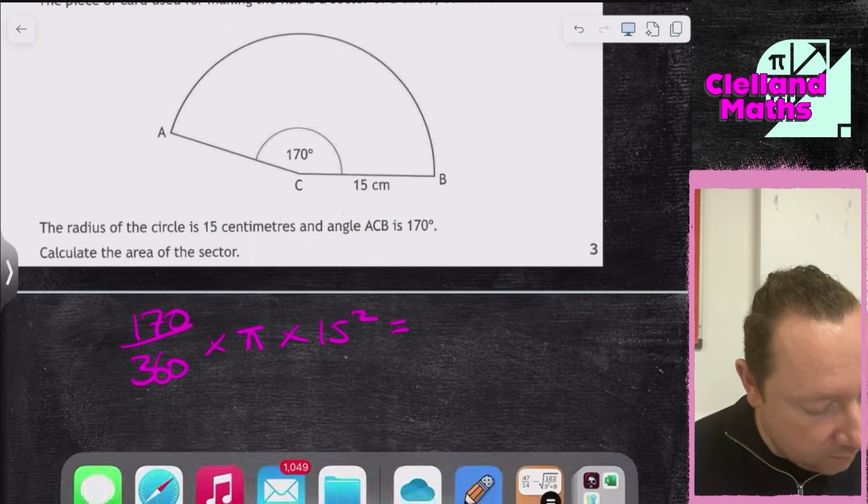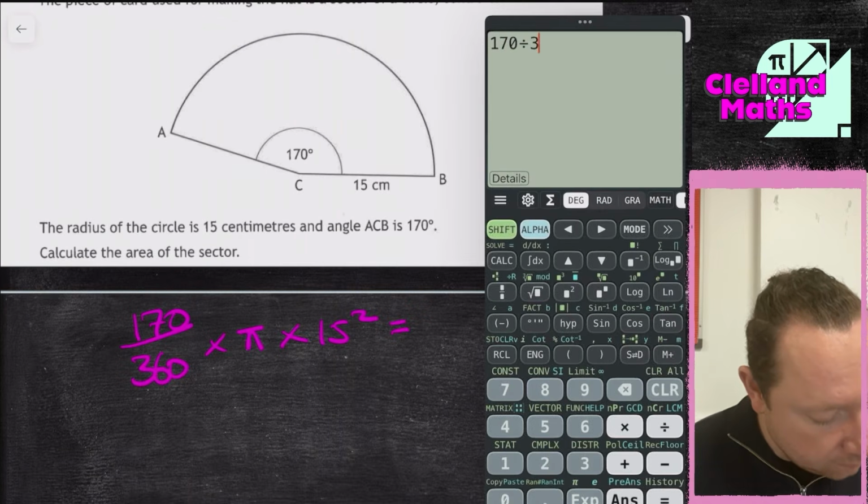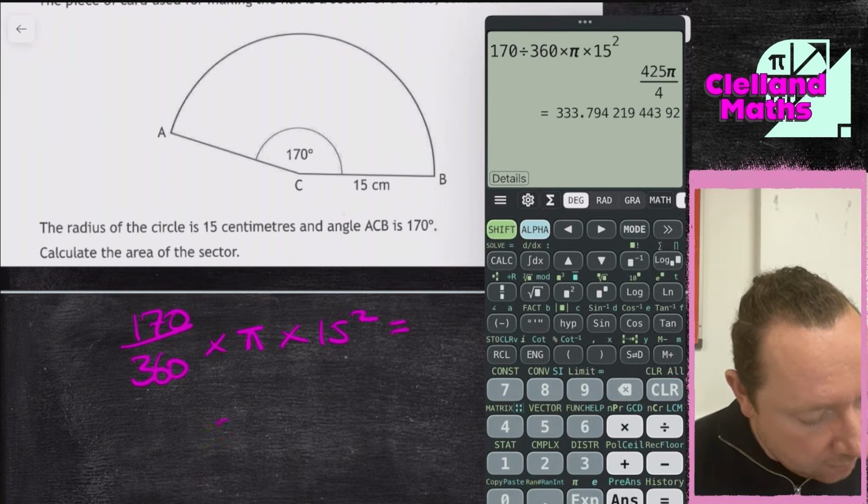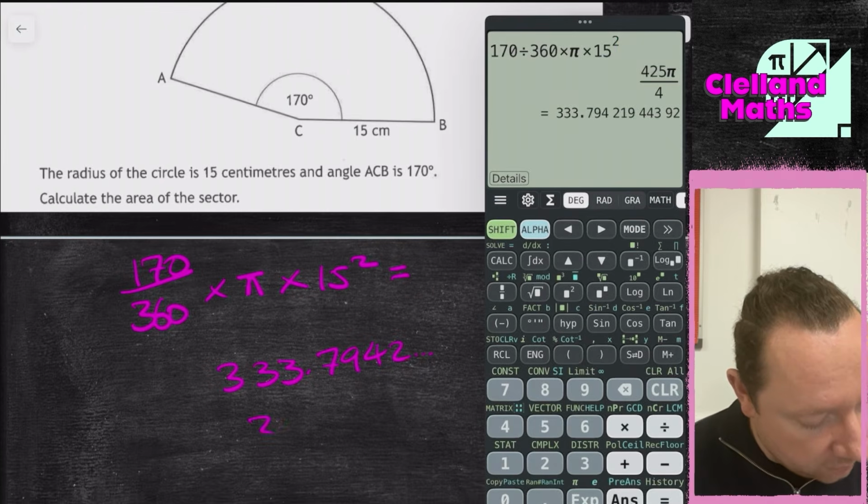So it's just a calculator again. 333.7942, or 333.80 centimetres squared.